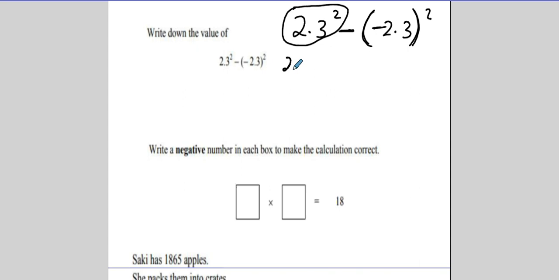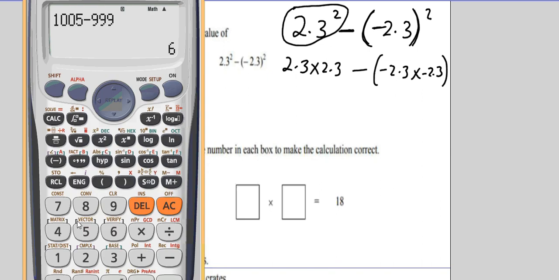So 2.3 squared means 2.3 times 2.3. Minus negative 2.3 squared means minus negative 2.3 times negative 2.3. That is what it means. So 2.3 times 2.3, do that using a calculator. I'm getting 5.29.